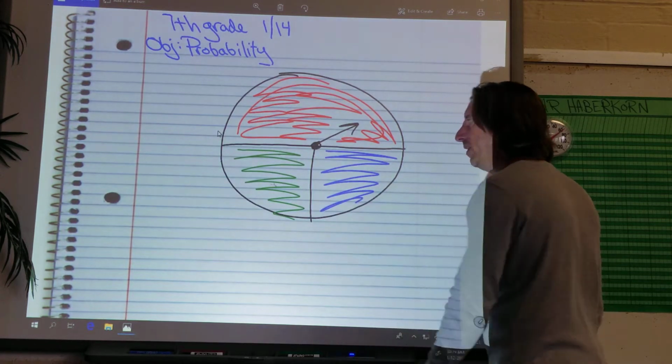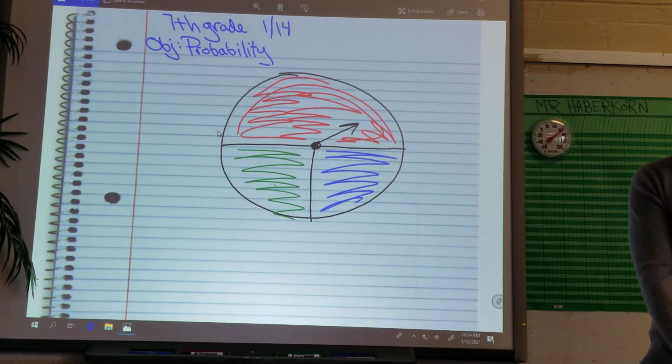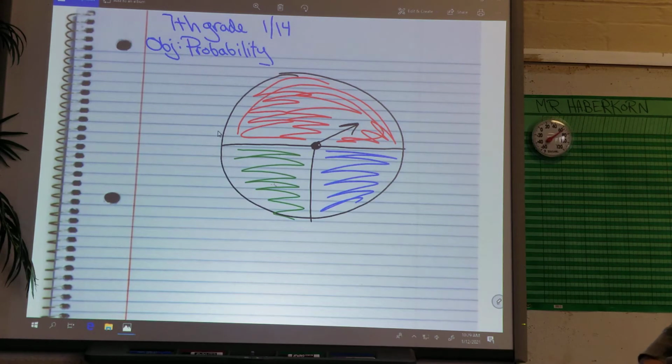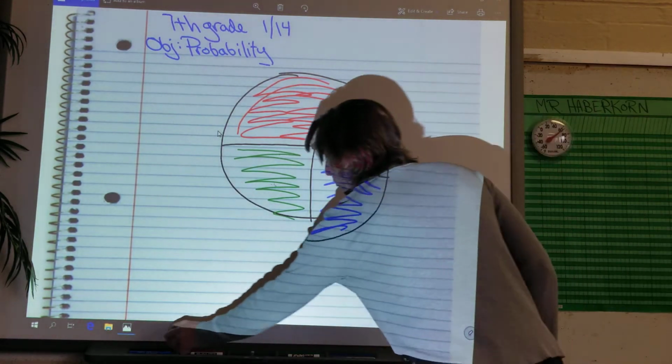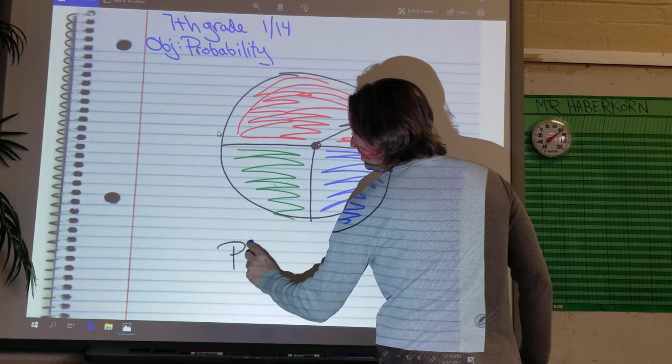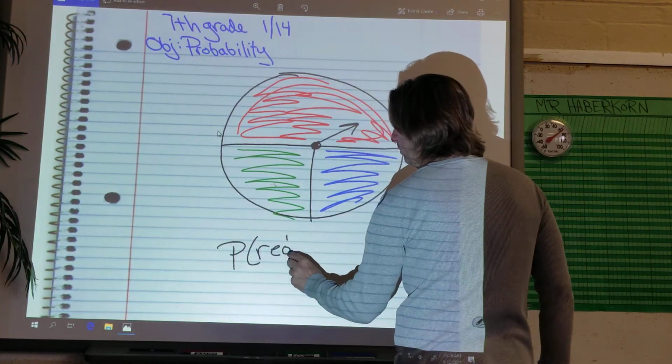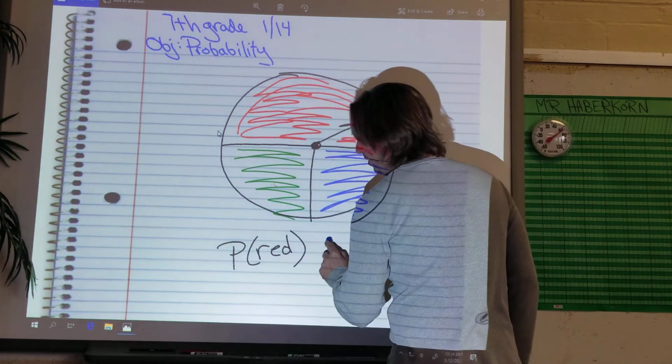Okay, so on this spinner, what would the probability of red be? They were asking you the probability of red. And this is the same thing. It's not 1/3. It's certainly not 1/3.